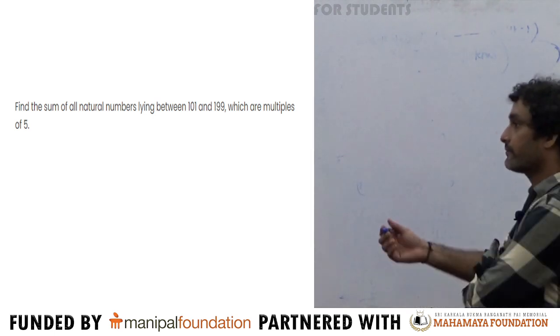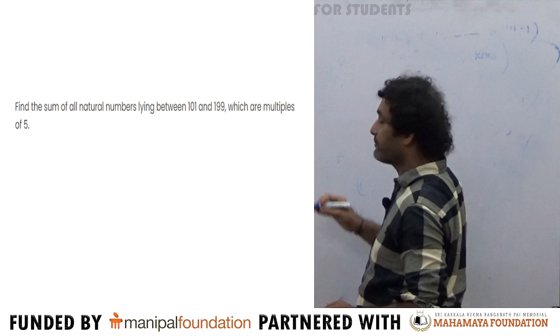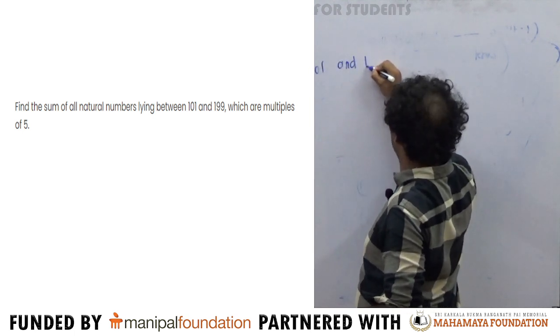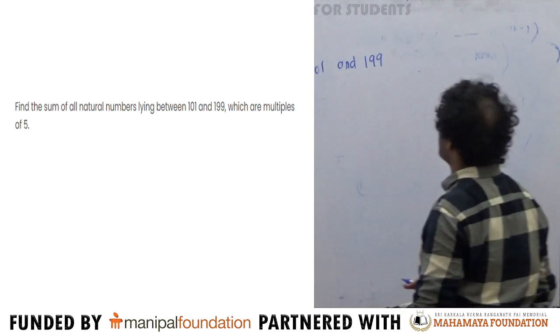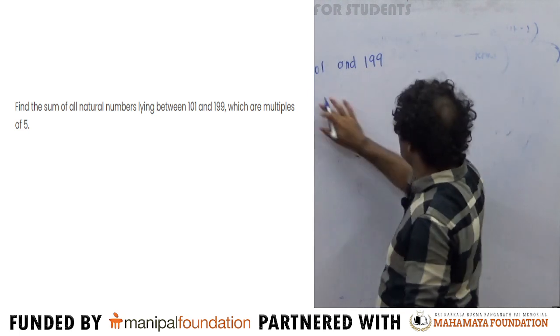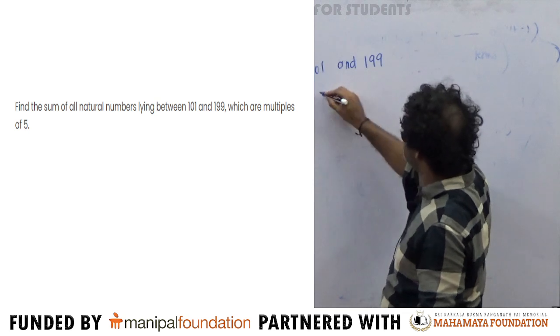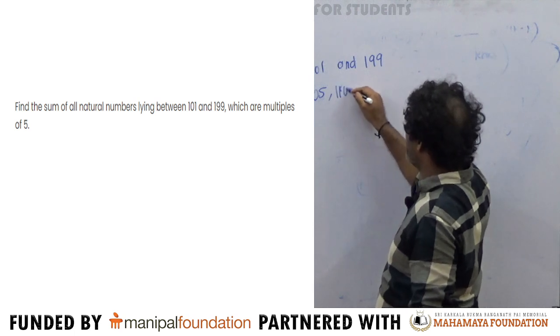Have a look. Find the sum of all natural numbers lying between 101 and 199 that are multiples of 5. Correct, right? So which is the first number that is a multiple of 5? 105. Next number 110.